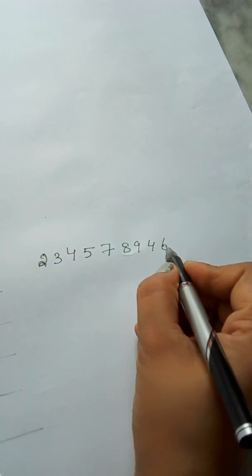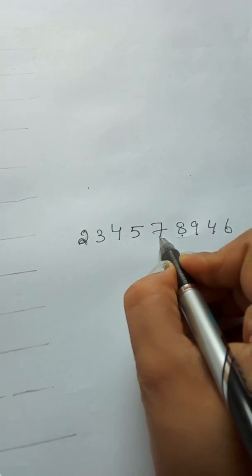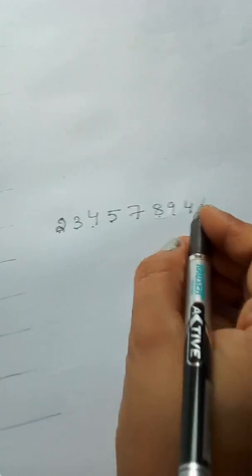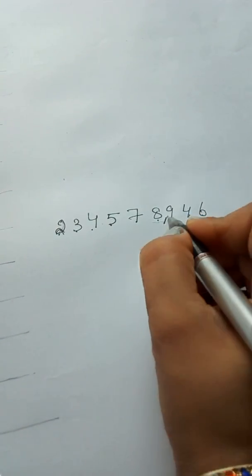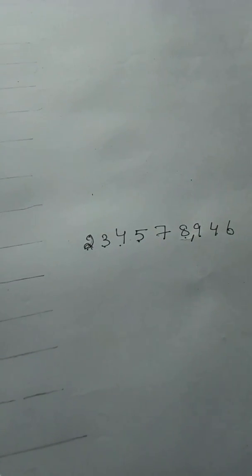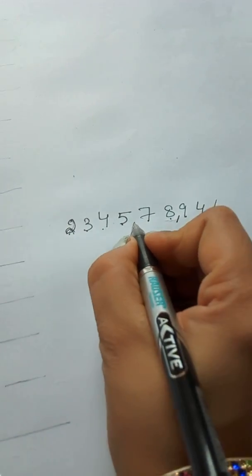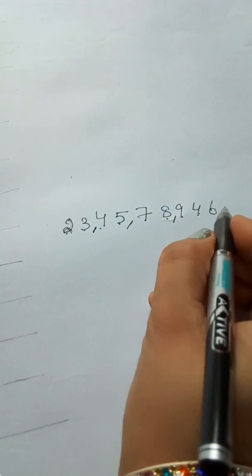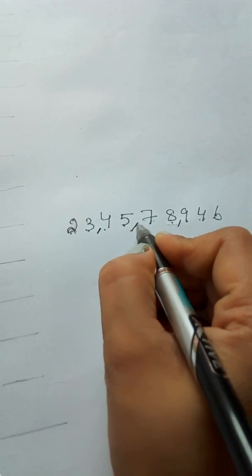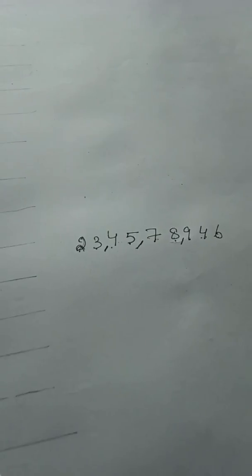Here: ones, tens, hundreds, thousands, ten thousands, lakh, ten lakh, crore, ten crores. So we put the first comma after the hundreds place, and then put commas repeatedly after every two places. Why are we doing this?